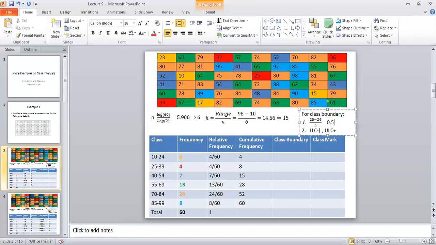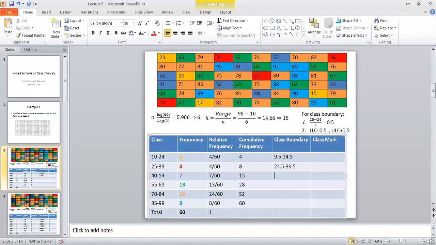We are going to subtract 0.5 from the lower limit of every class and add 0.5 to the upper limit of every class. And that's how the game goes. So 10 minus 0.5 is 9.5, and 24 plus 0.5 is 24.5. Likewise, 25 minus 0.5 is 24.5, and 39 plus 0.5 is 39.5.